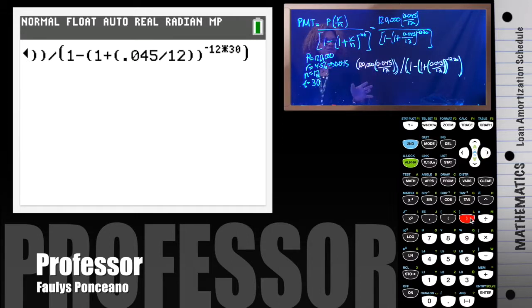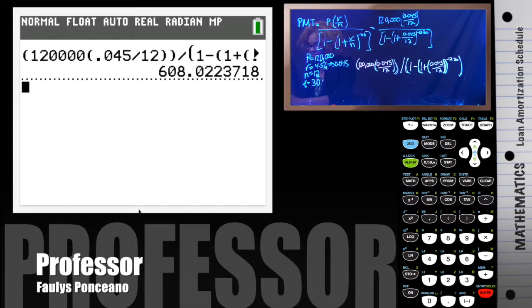You want to double check that what you have right here is the exact same thing that you have on the calculator. You don't want to make a mistake of leaving a parenthesis out or having too many parentheses. So we double check. Everything looks good. Then we hit enter.